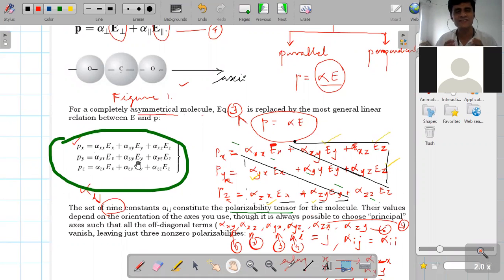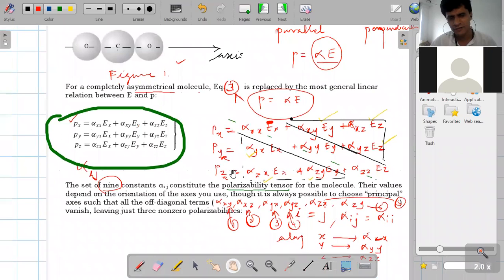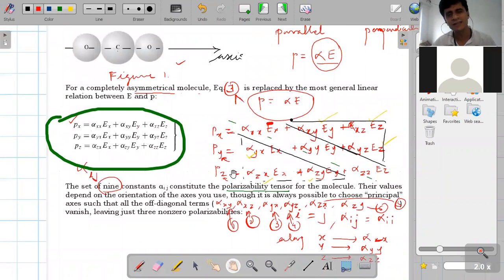And that consists of 9 components, out of which 3 are diagonal and the remaining 6 are non-diagonal, or off-diagonal.